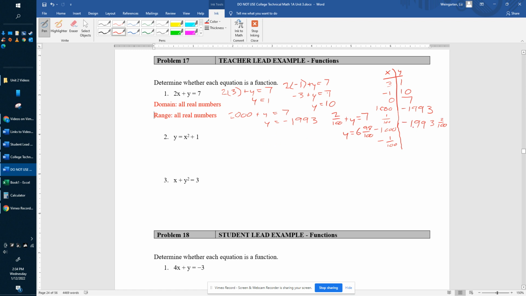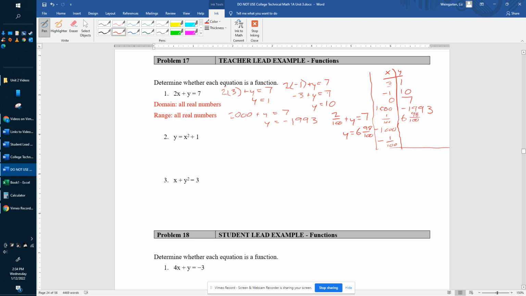Oh gosh. Nope, I mixed that up. Apologies. This is why we draw lines where we're doing our work, where we're doing our t-table. That is simply 6 and 98 over 100. I'm not going to worry about reducing the fraction.